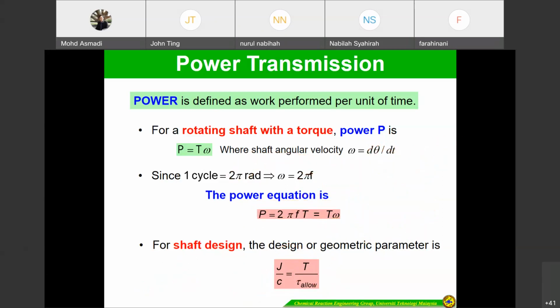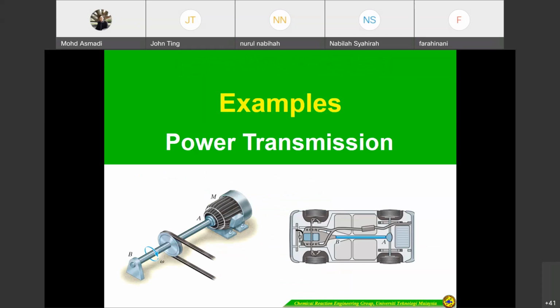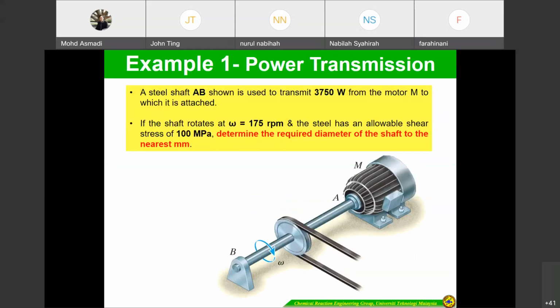Okay, let's see an example for power transmission. I think we have four examples, and the rest you can read. Example 1.